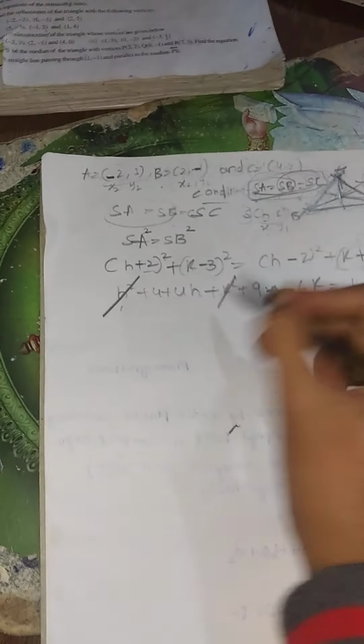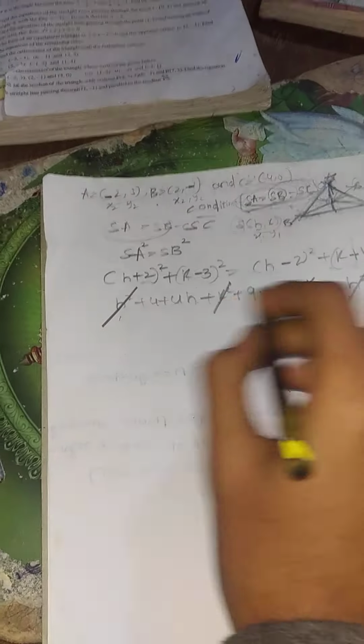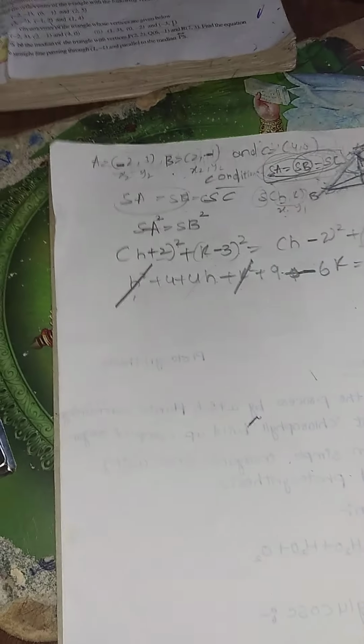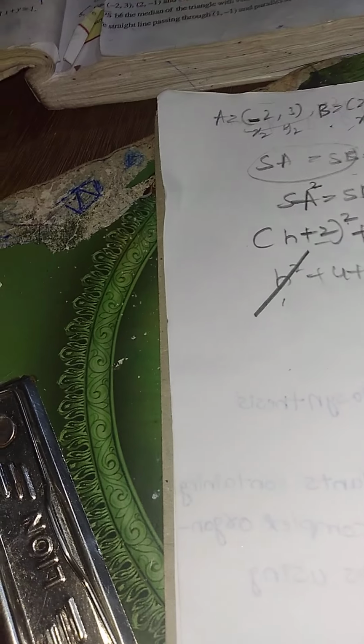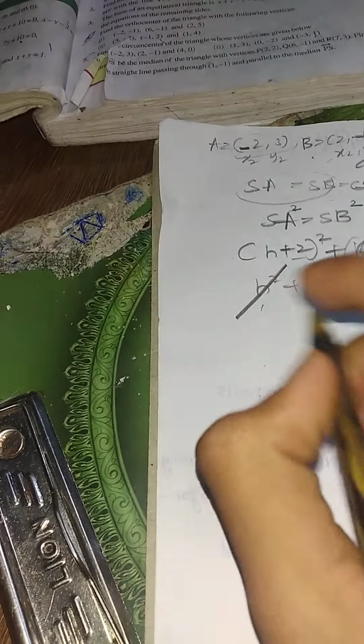Similarly, I am cancelling these both. Shall I cancel 4h and 4h? No, if we cancel those, the answer we get is wrong because the signs are different here. If it comes this side, it will become plus 8h. So we have cancelled the like terms.